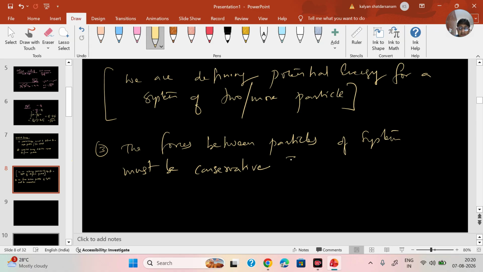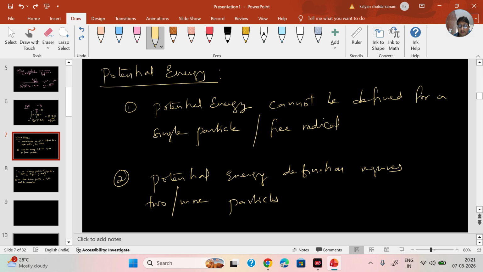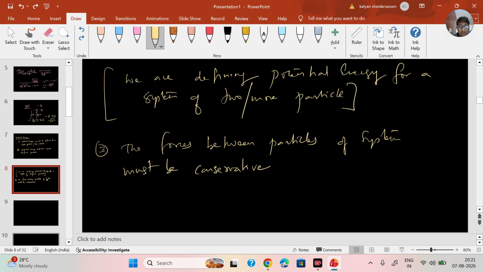Internal forces means the forces between the particles inside the system. The system consists of two or more particles. So forces within the system must be conservative forces. Otherwise, you can't define potential energy. So potential energy requires minimum two particles or more. It cannot be defined for a single particle. Okay. And the forces between particles of the system must be conservative.